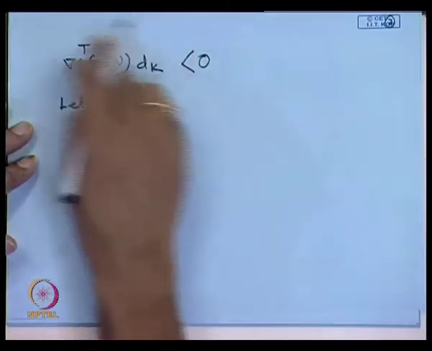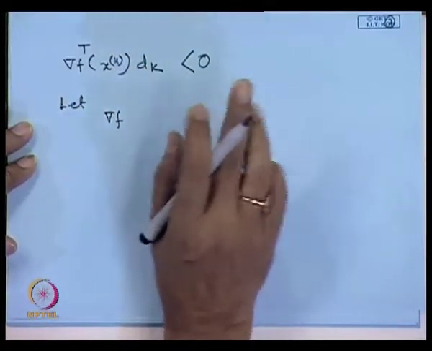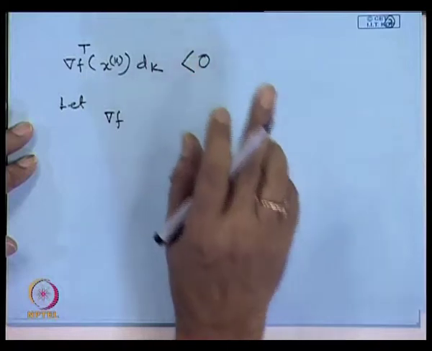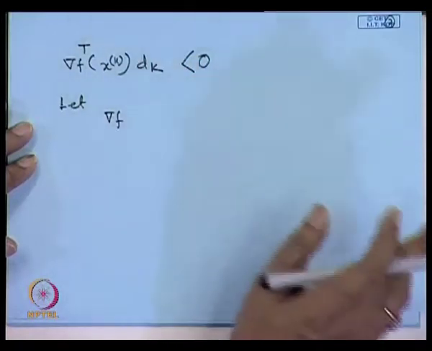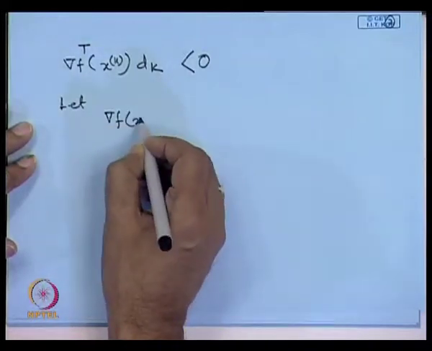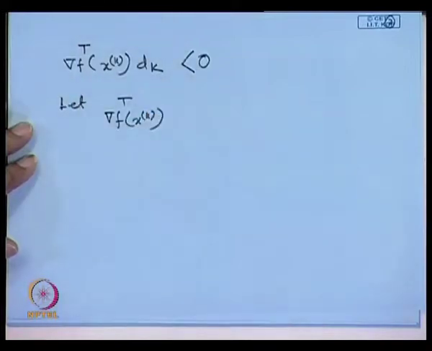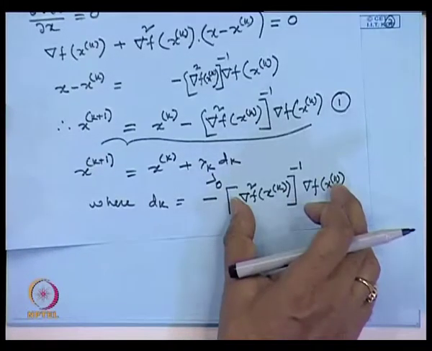If this condition is satisfied, then the function value will decrease when you move from the kth point to the k plus 1th point. So, let us see what this function is. We have just defined d k.